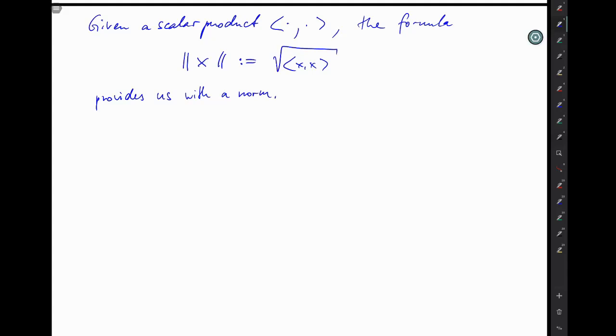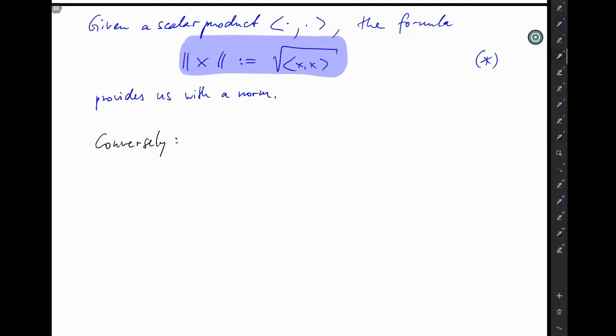So we have learned that given a scalar product, the formula here provides us with a norm. Let's label this formula with a little star for later reference, and let's ask ourselves whether the same situation works the other way around.